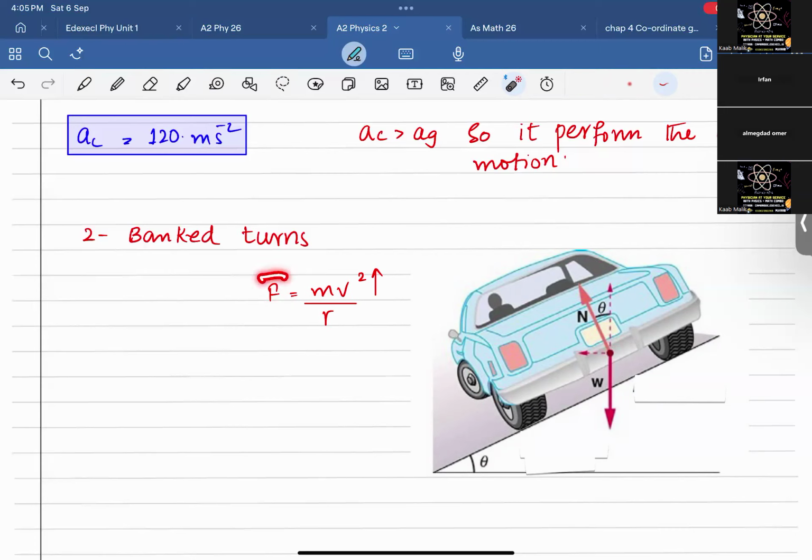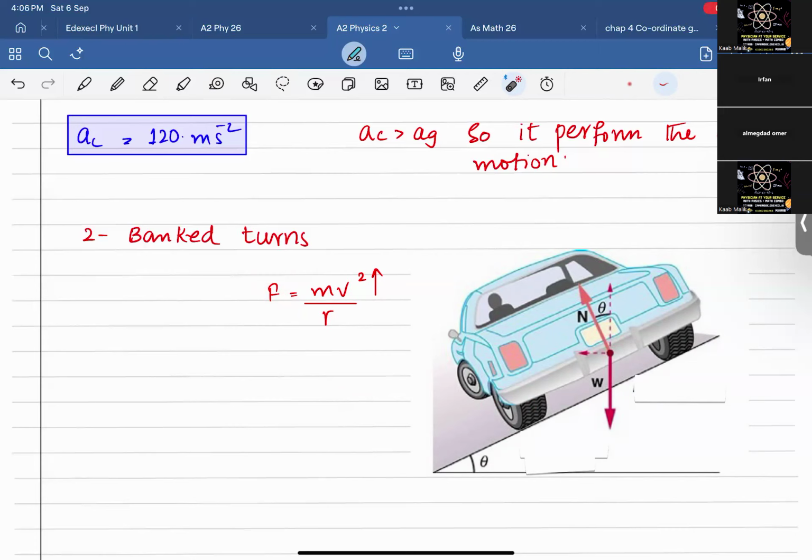But since this is constant and depends upon the road material and your tire, it will have a fixed value. At a very high speed, this friction won't be enough for your car to take the turn easily and it will go skidding.